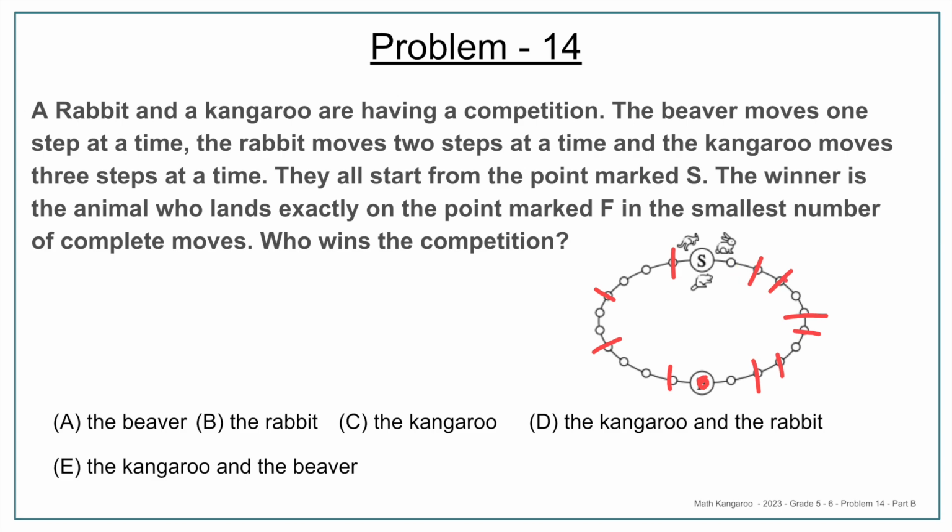He did 1, 2, 3, 4, 5, 6, 7, 8, 9, and 10. And you remember the beaver also jumps 10 steps. So our option is E, the kangaroo and the beaver both win the competition.